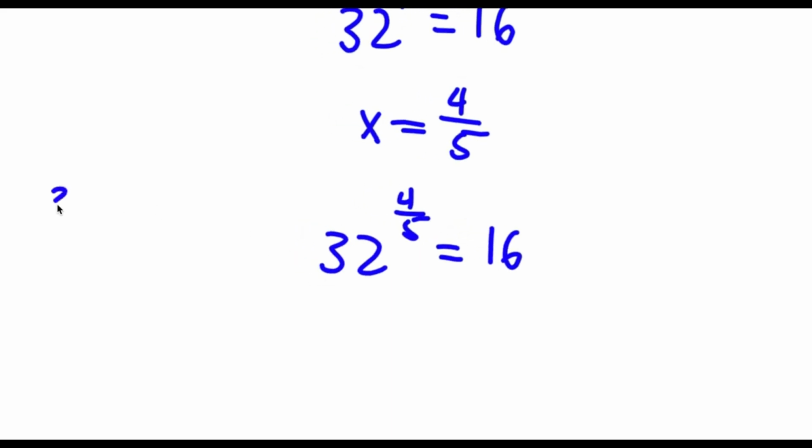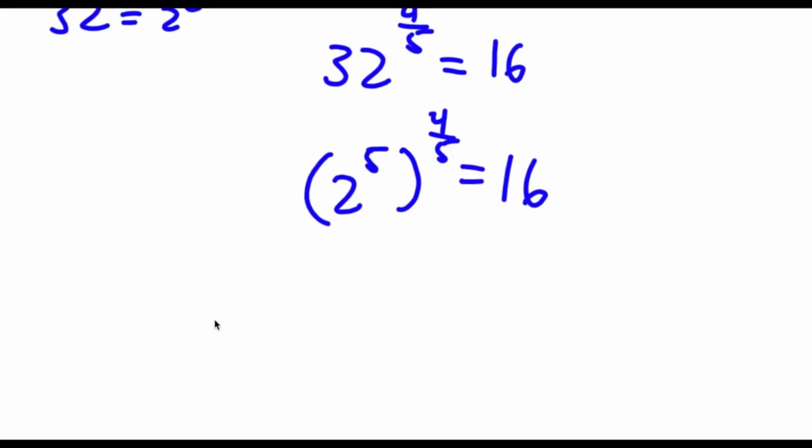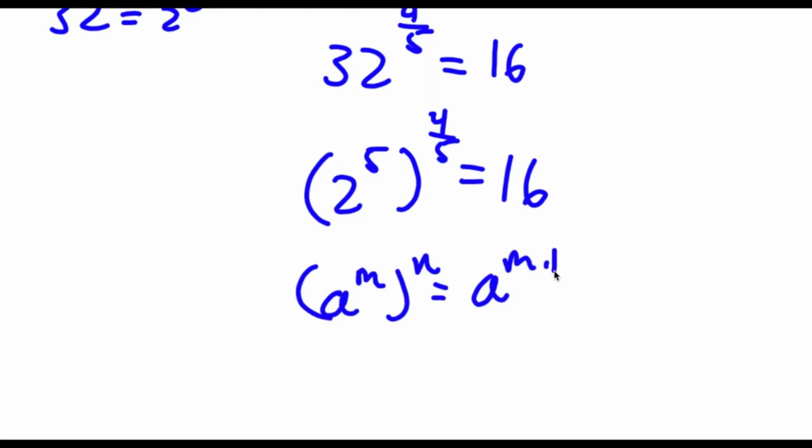Now remember how 32, this is equal to 2 to the power of 5. So if I substitute in 2 to the power of 5 for 32, I get 2 to the power of 5 to the power of 4 over 5 is equal to 16. Now if I have something in the form a to the power of m to the power of n, this is equal to a to the power of m times n.